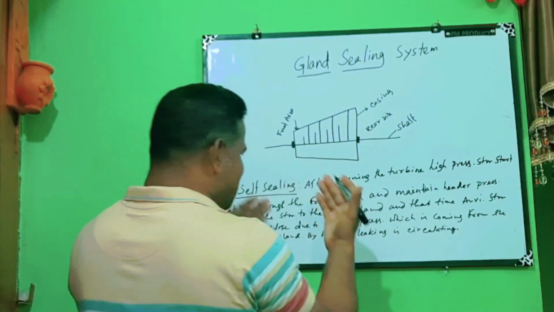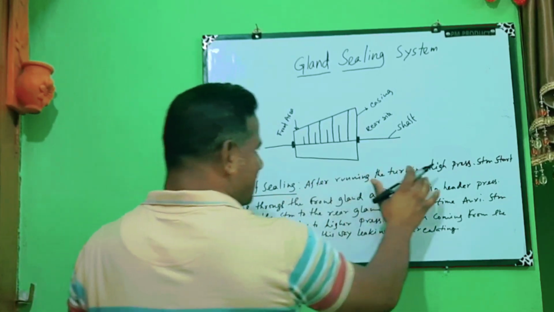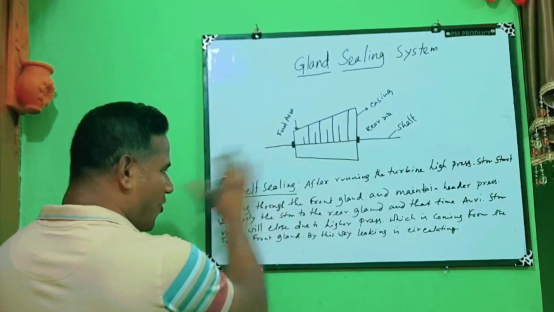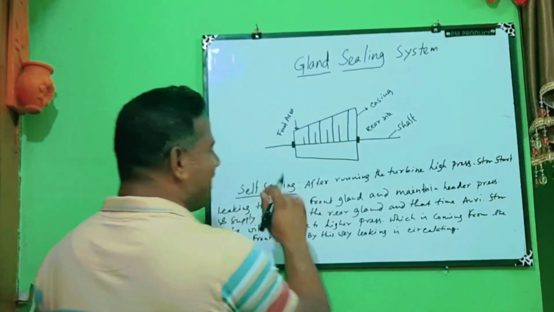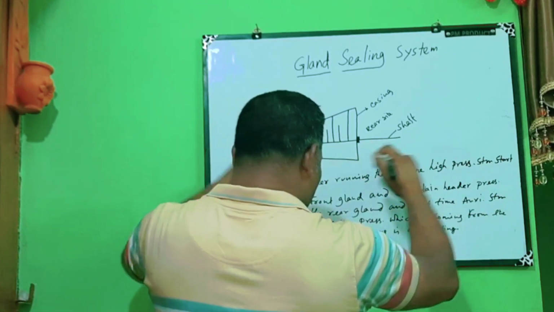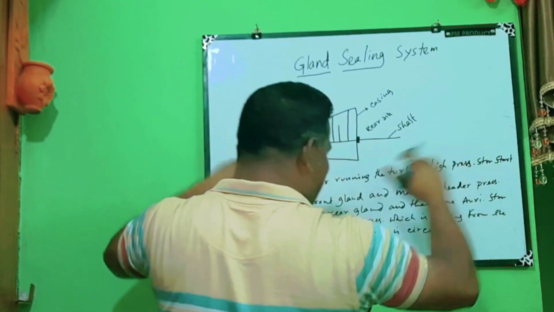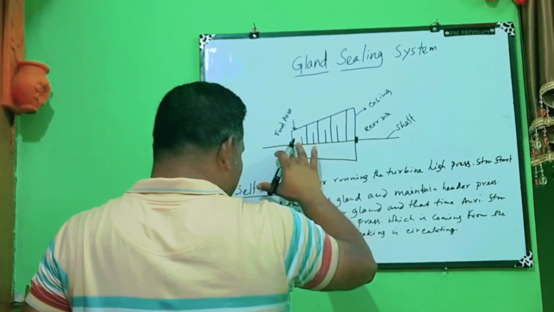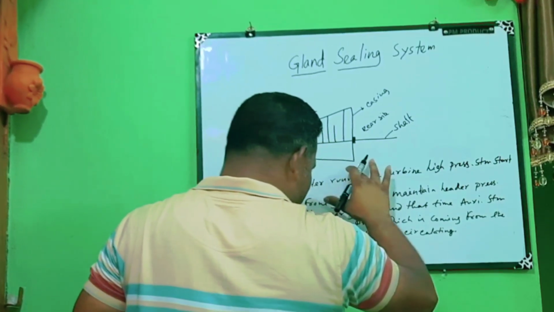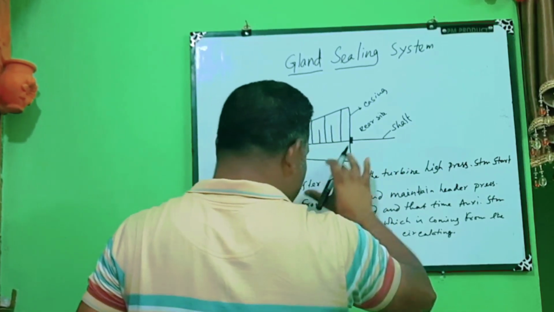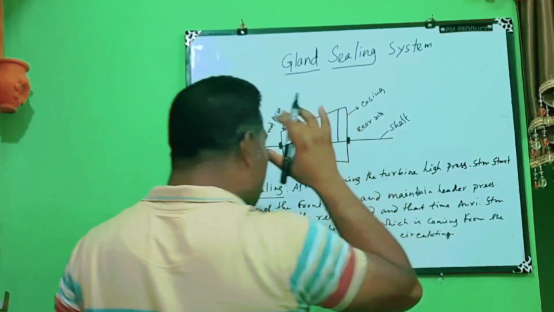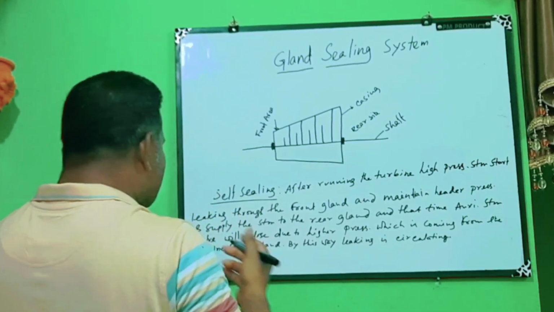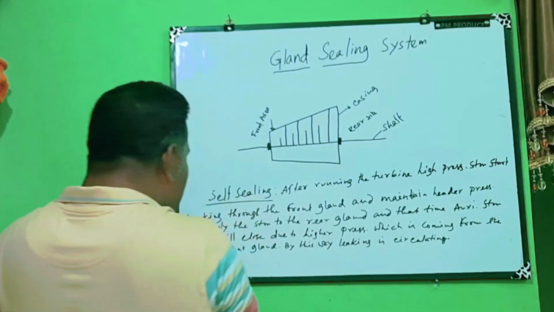So I am explaining again. After running the turbine, high pressure steam starts leaking through the front gland, and maintains the auxiliary steam header pressure, and supplies steam to the rear gland. When this leakage steam comes to the auxiliary steam header and maintains the header pressure, this steam will be supplied to the rear gland area, and at that time the auxiliary steam valve will be closed.